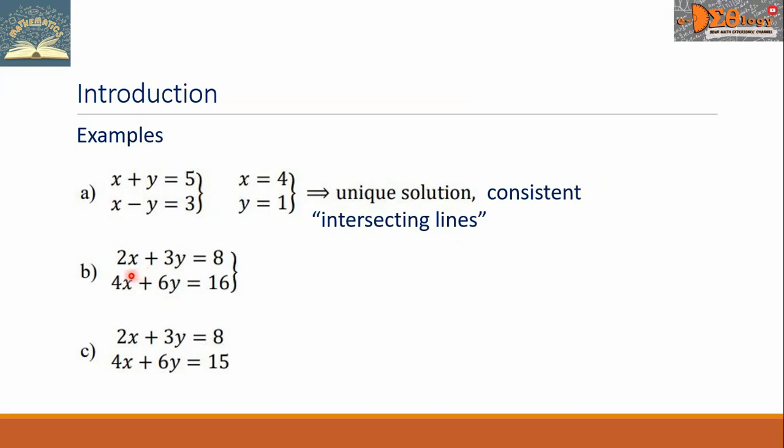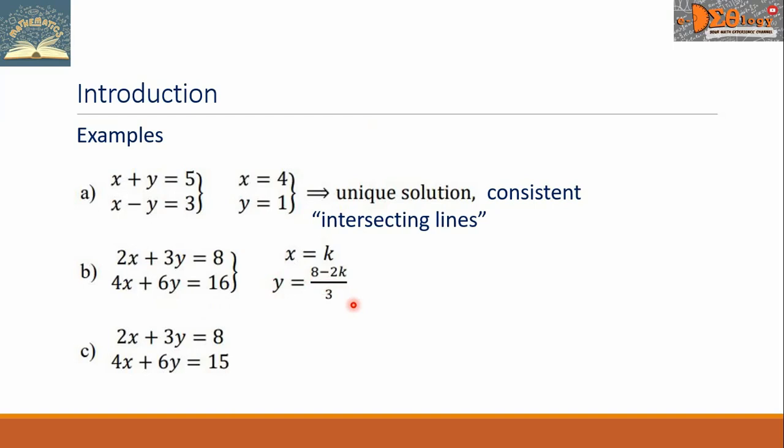Now, example 2. 2x plus 3y equals 8. 4x plus 6y equals 16. If we solve for x and y, we will see that x equals k and y equals (8 minus 2k) over 3.